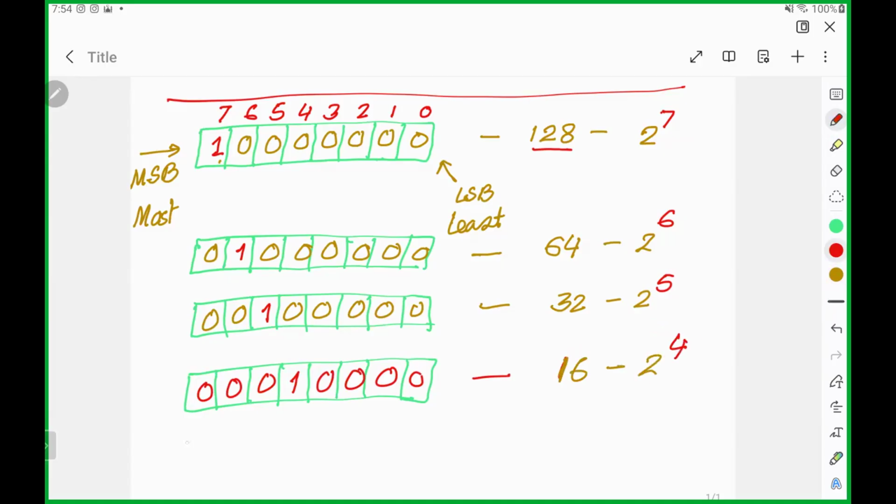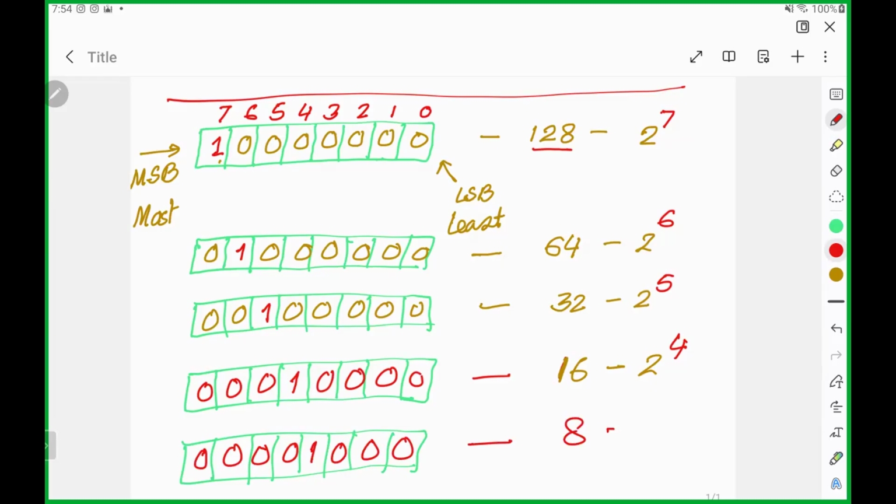Similarly, if I change this one to the other position, I will have 0, 0, 0, 0, and then 1, then 0, 0. Sorry, I have changed the color. So this will become 8, and this will become 2 to the power 3.